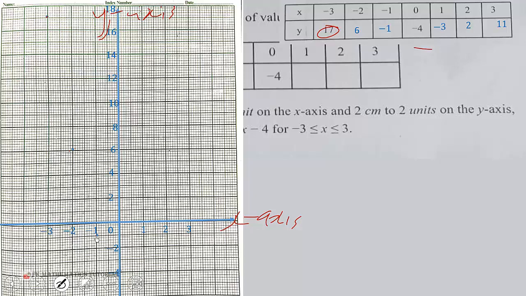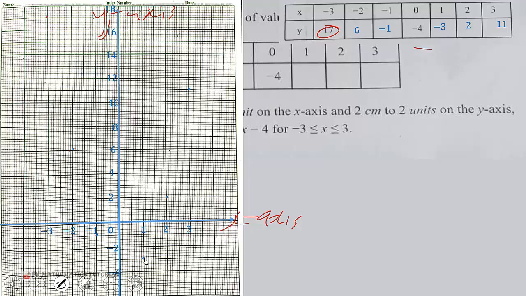Then we have 1 and -3. We have it here, see the blue dot. Then we have 2 and 2. You see the 2 and 2. Then we have 3 and 11. Good. So we finished plotting the points.